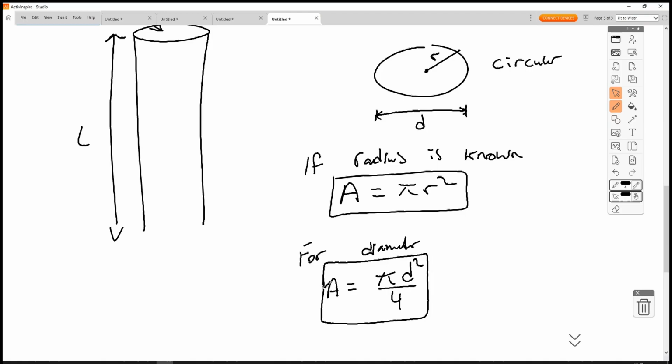Now, if you had a different cross-section, then you just have to use whatever cross-section you got. If it's a square, then you work out the area of the square. If it was a rectangular cross-section, you work out for that. Sometimes they might even give you a novel shape and get you to work out the resistance of that.